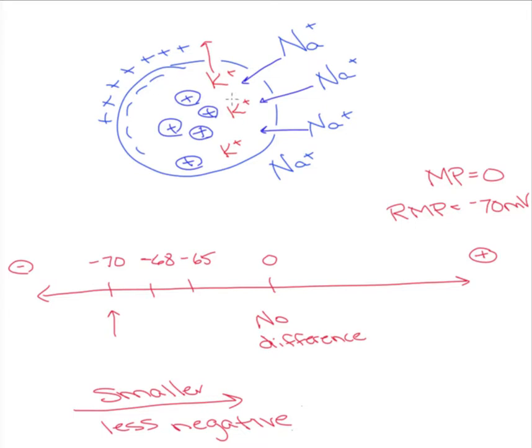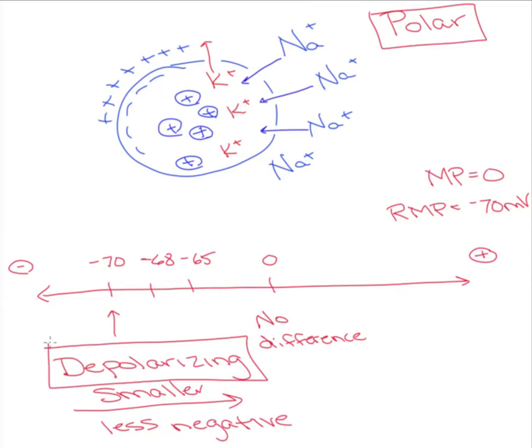And remember, back in chemistry, we talked about polar. Things that were polar are things that are different. So I want you to use that definition of things that are different here. If the membrane potential is the difference in charge, they're different, so they're polar. If you reduce that membrane potential, if you make them less different, you are depolarizing the membrane potential.